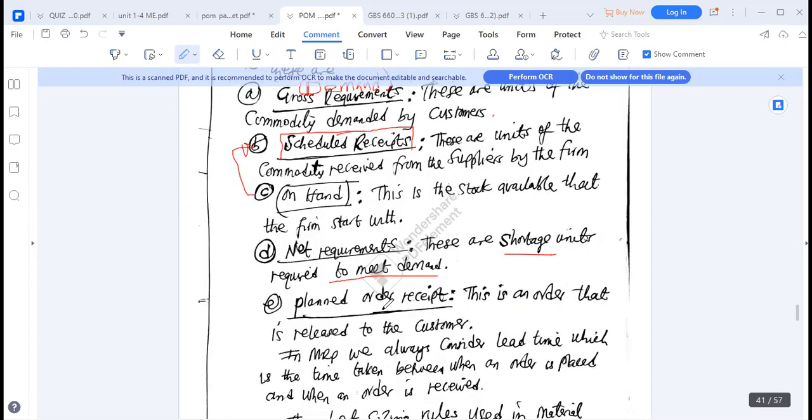Then we have the planned order receipt. This is an order that you receive from the customers.